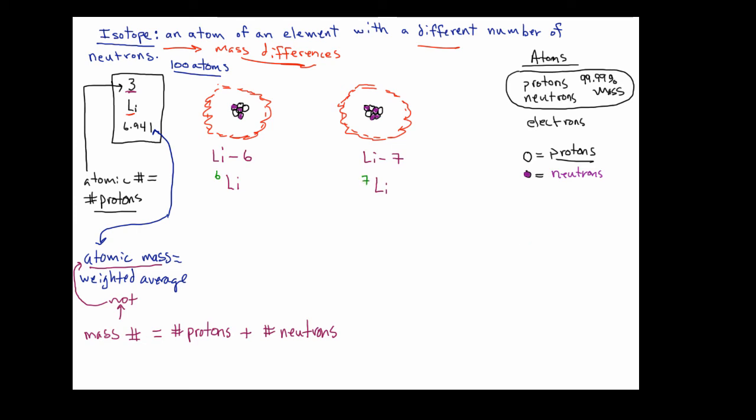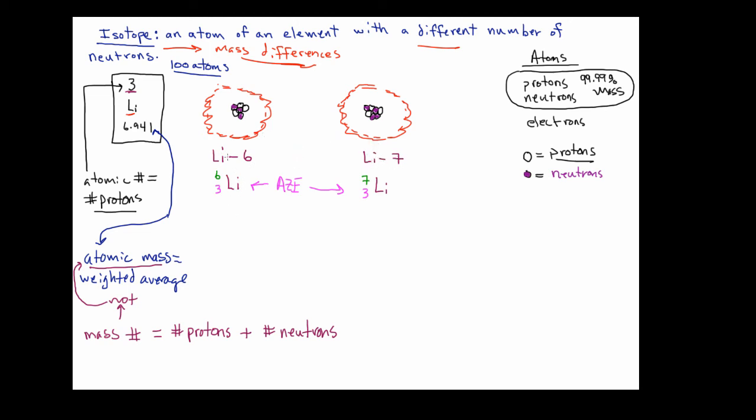And in the lower left-hand corner, we're going to write the atomic number of the element. So 3 goes in this spot and 3 in this spot, like that. This would be what we call the AZE notation for these 2 isotopes.